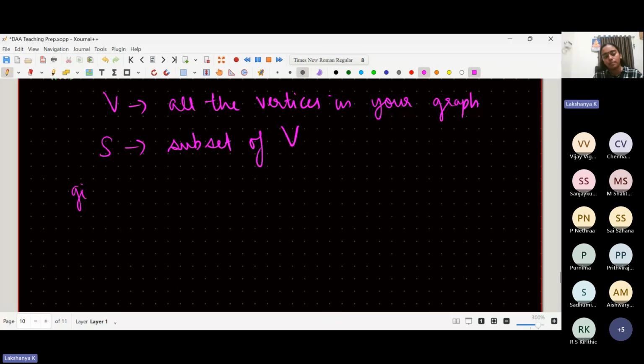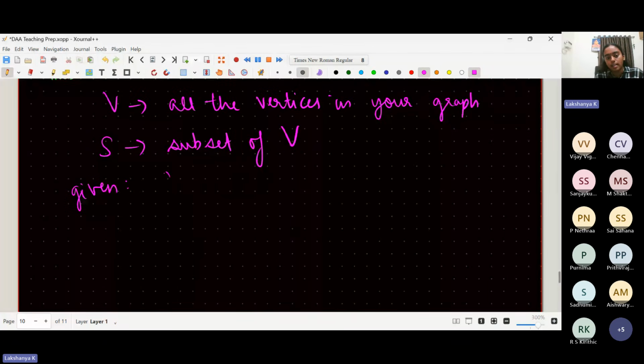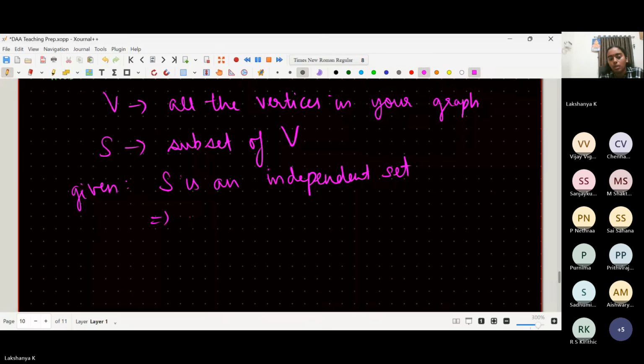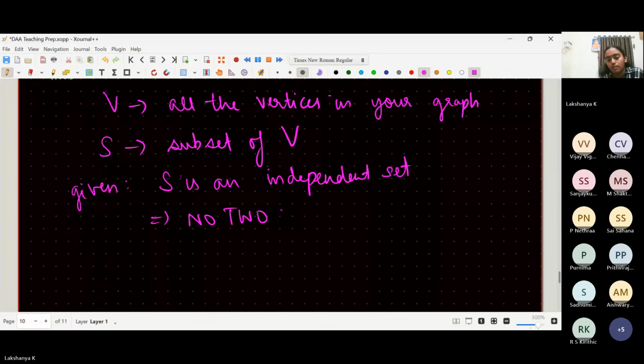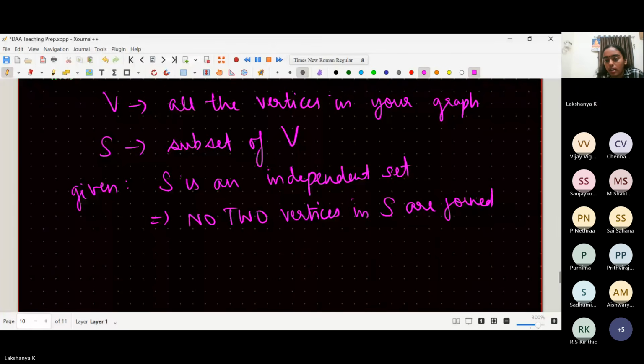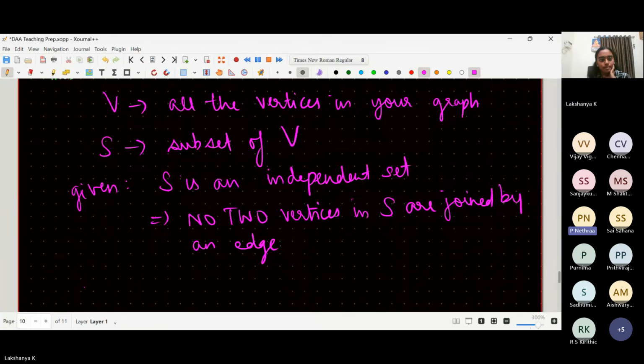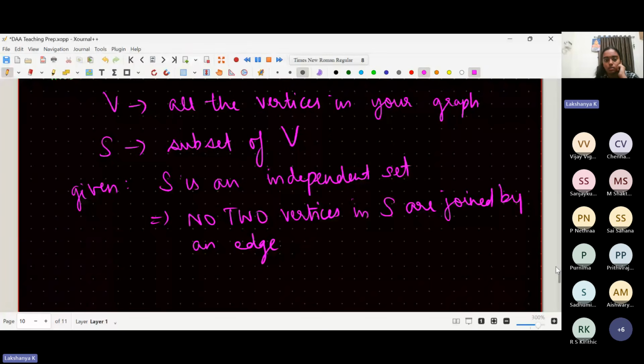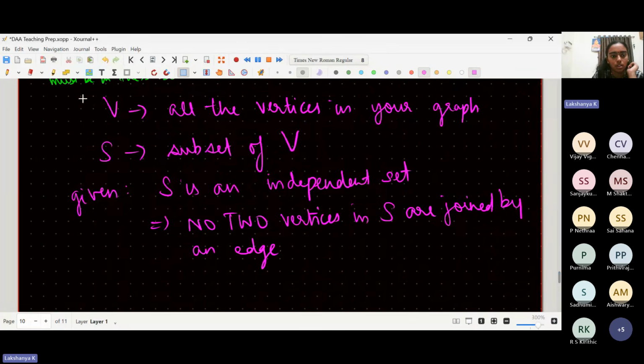Now, given S is an independent set, which means no two vertices in S are joined by an edge. Are we correct so far?